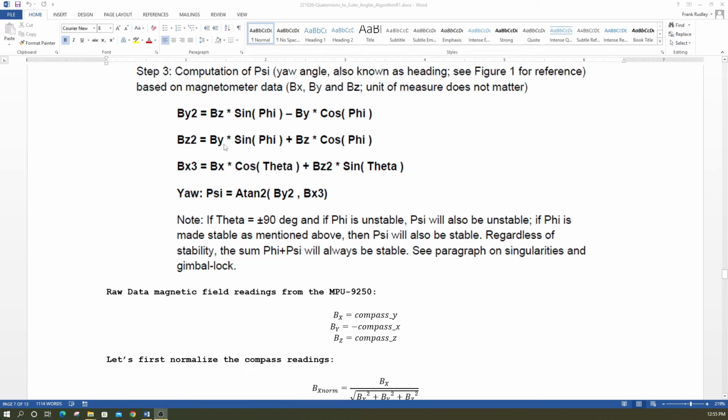So it has some equations here. There's a By2, a Bz2, and a Bx3. You can see these equations here. And if you take the inverse tangent of By2 over Bx3, that'll give you the azimuth angle.